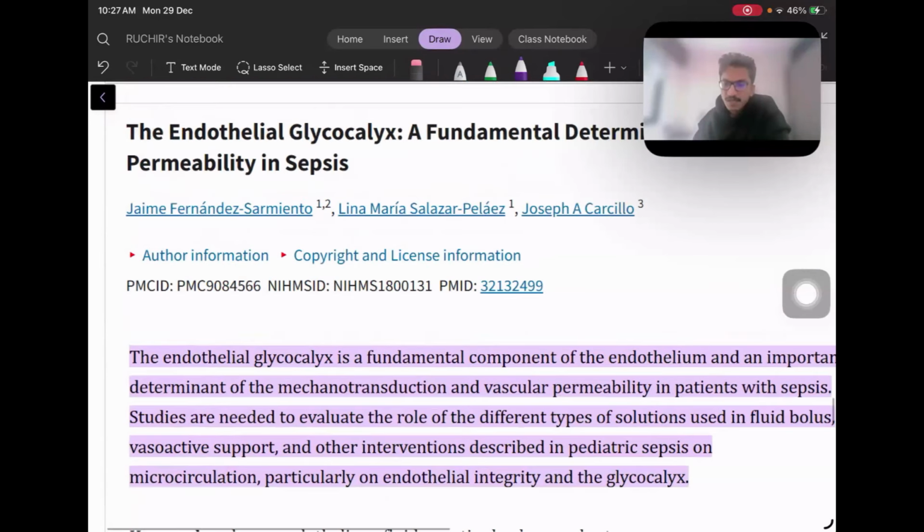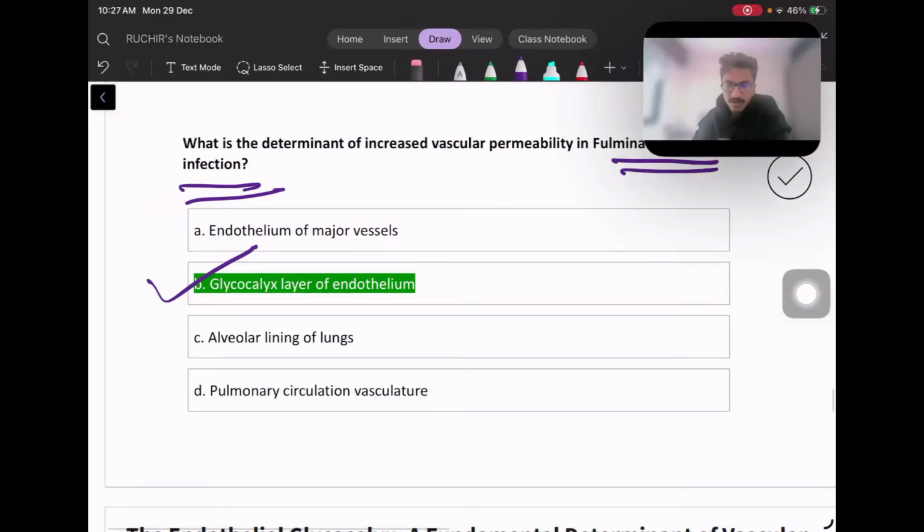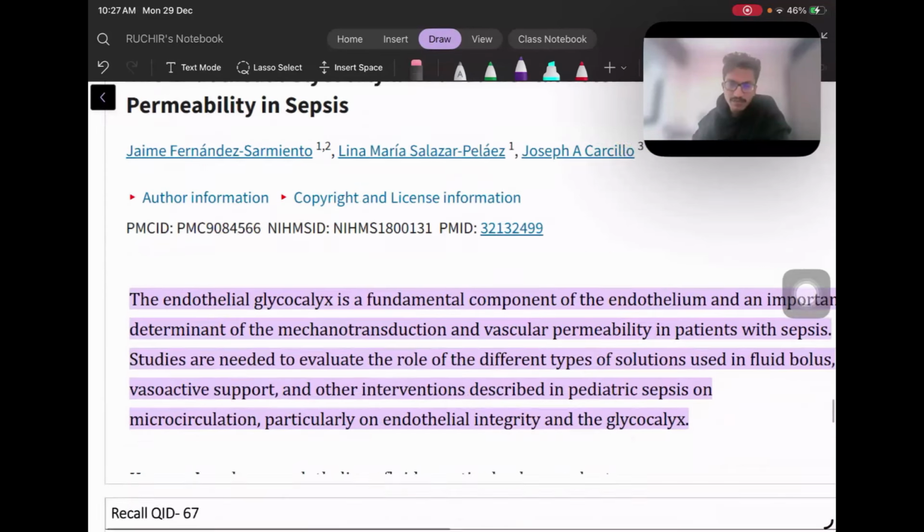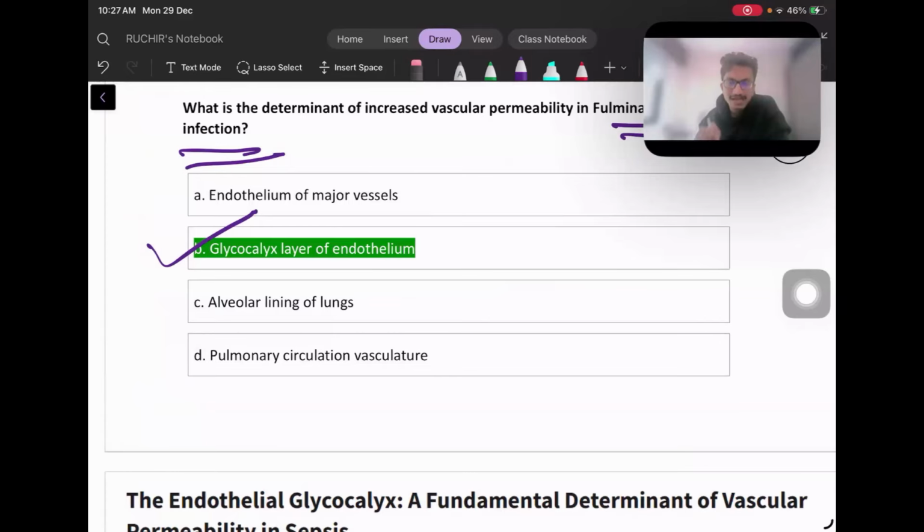So the best answer according to me is the glycocalyx layer of endothelium. If any student has found any reference from a book for this question, please share it with me. I have not found it in Bailey, Sabiston, or Schwartz.